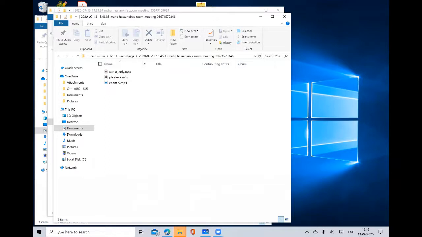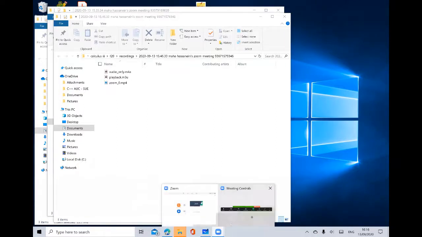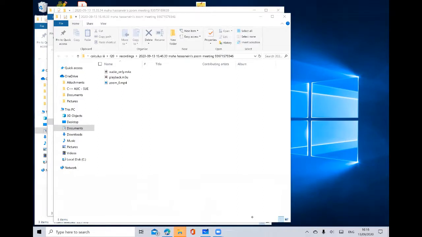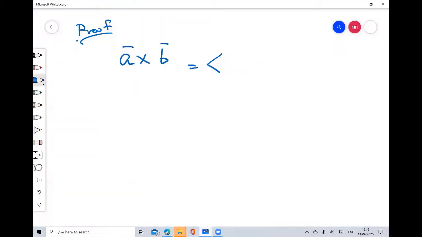Let's write it in component form. This will be A2 B3, and so on. Minus, go back to your definition at the beginning of the lecture. We have here A3 B1 minus A1 B3.